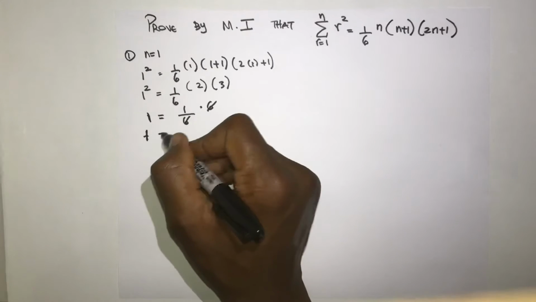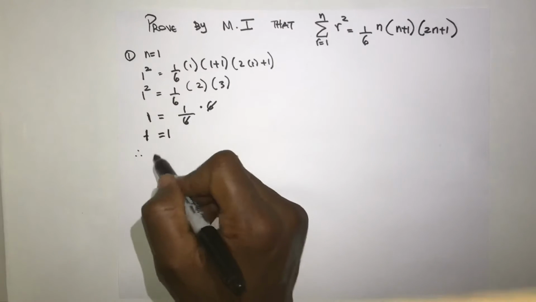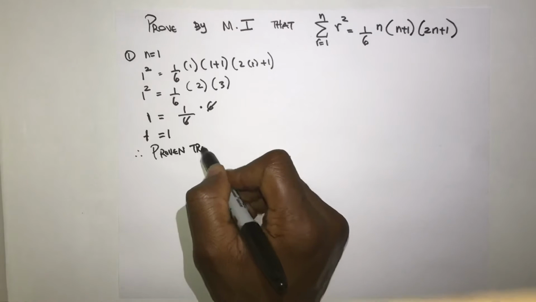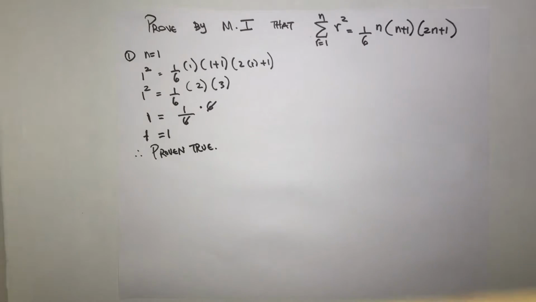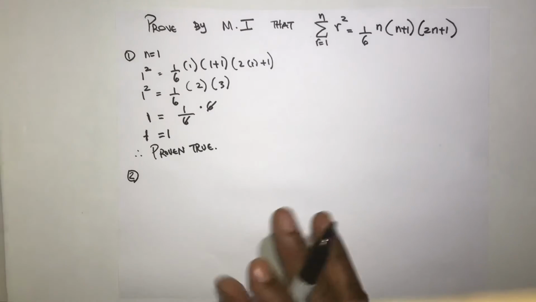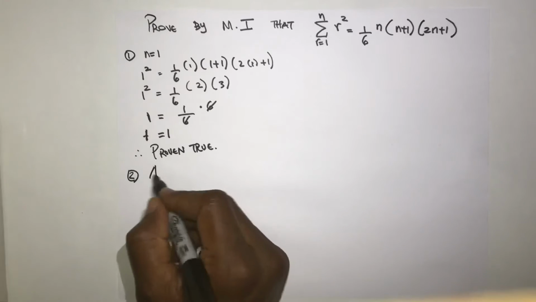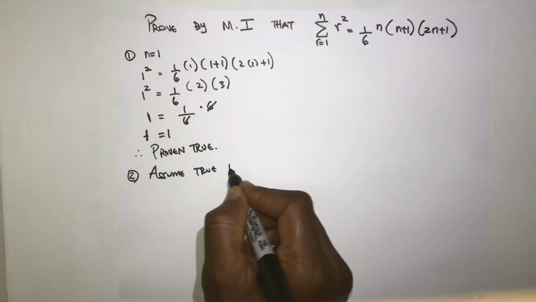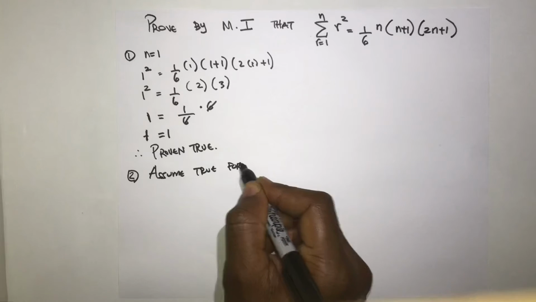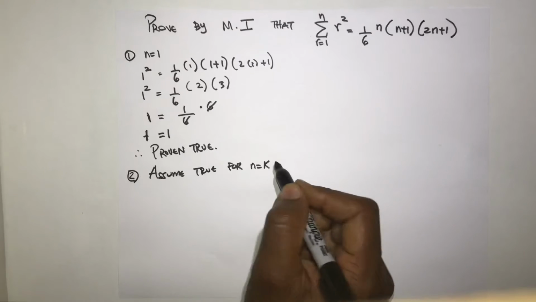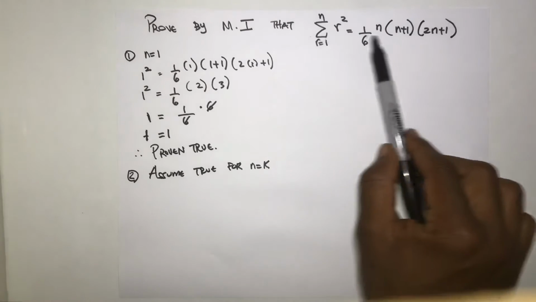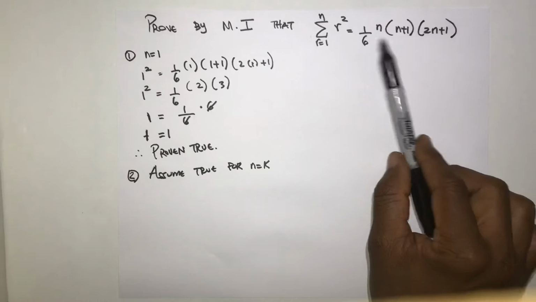So 1 is equal to 1. Therefore, proven true. Now, step 2 is to assume true for n equals k. So all we'll be doing is replacing n with k in the formula and assuming it to be true.